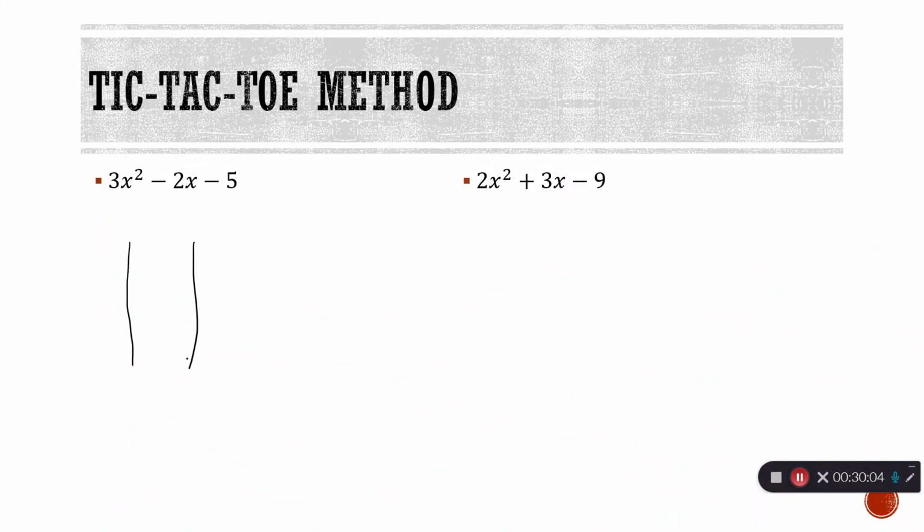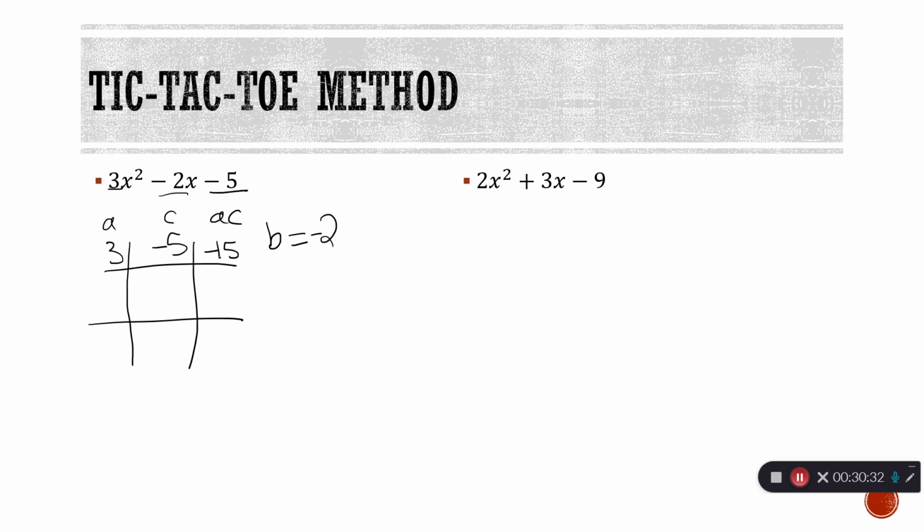Okay, so we're going to draw our stuff out. We're going to put A here, which is 3, C here, which is -5, and A times C, so 3 times -5 is -15. So now we've got to find numbers that add up to B, which is -2, and multiply to get -15.